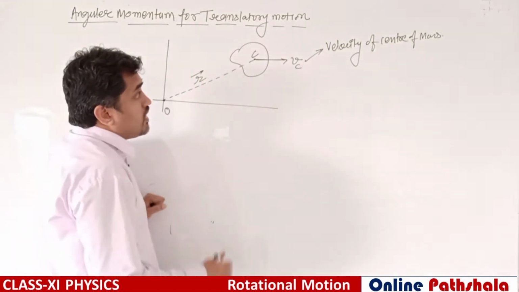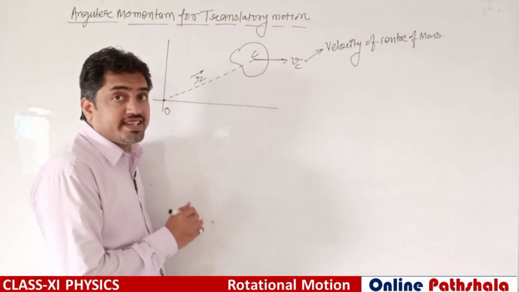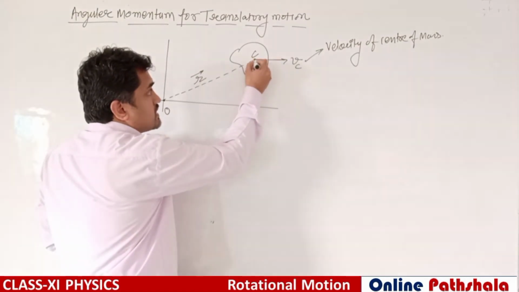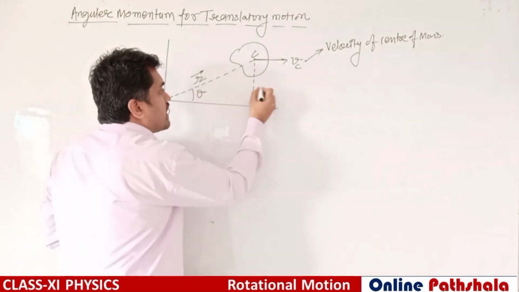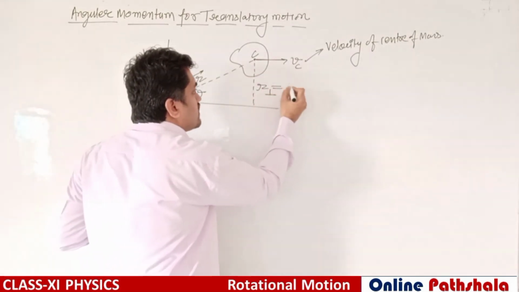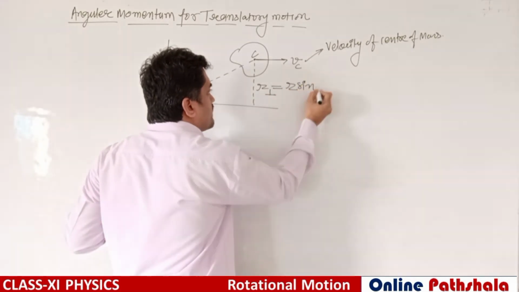So what is the perpendicular distance? This is the perpendicular distance. If this angle is theta, it is r perpendicular, which is equal to r sine theta.